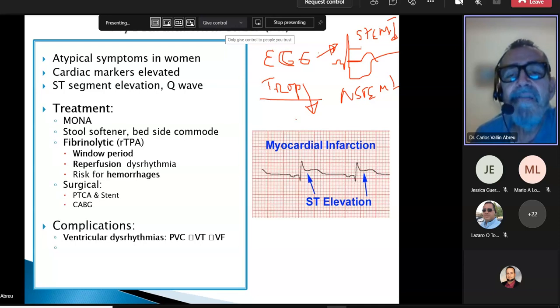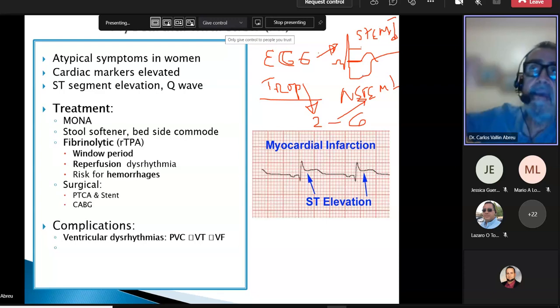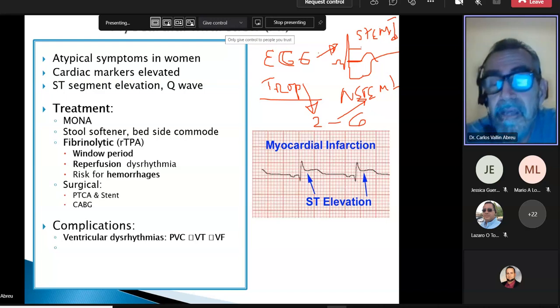But troponin doesn't elevate immediately. After the pain starts, it takes 2 to 6 hours, it is variable, to significantly elevate. It can elevate 3, 4, 5 times, okay, 10 times the normal value, but takes some hours in elevating.